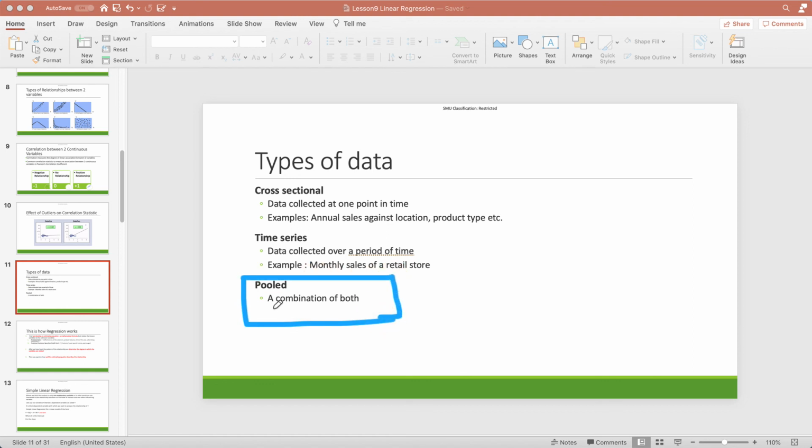Now, pooled data is a combination of both cross-sectional and time series data. So in other words, your regression data can be a combination. It can have customer profile information collected from a point in time, and it can also have a time series component to it. And that is why this is known as pooled data.